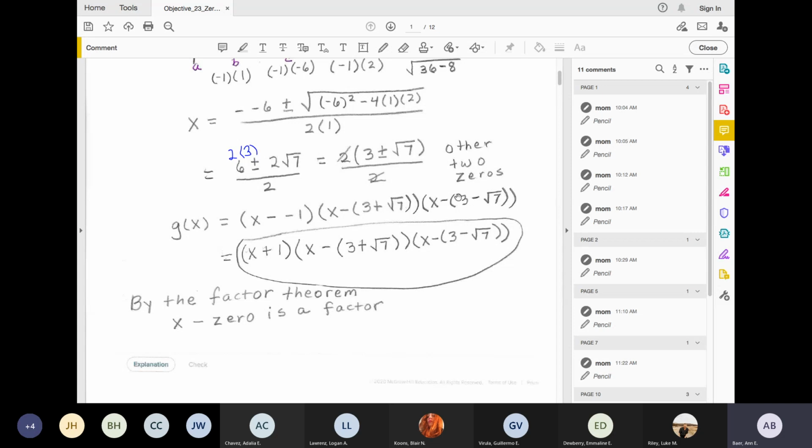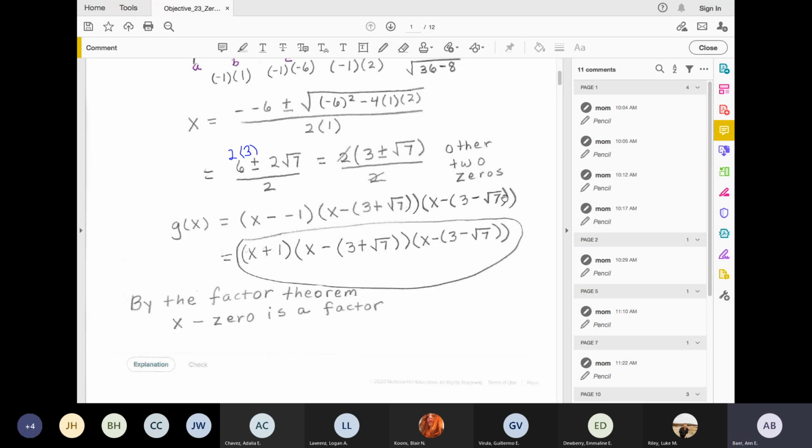A third 0 is another factor. Our third 0, we cover up the plus sign, and we have 3 minus square root of 7, and we're going to put parentheses around that 0. So make sure you've got parentheses around all of your factors and parentheses around each zero that has 2 or more terms. You won't see one with more than 2 terms.